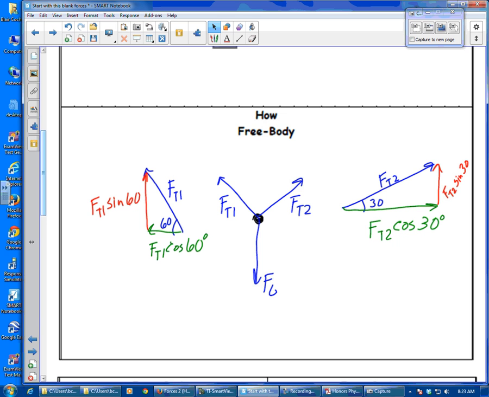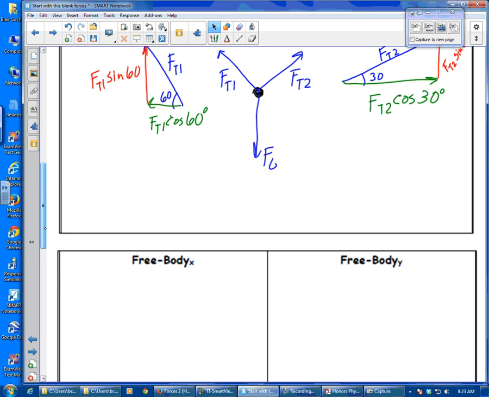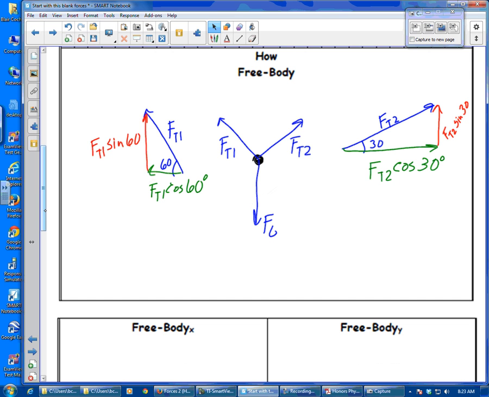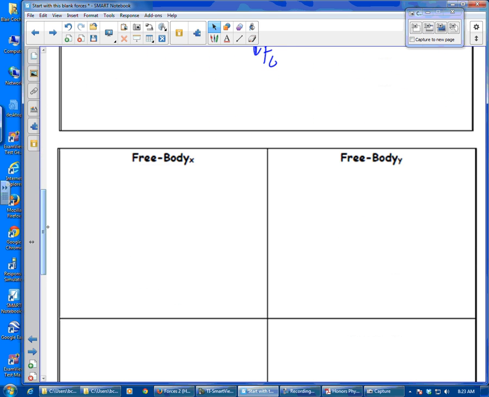All right, so now I'm going to just do my horizontal and my verticals. In my horizontals, I'm going to have 2 forces. In my verticals, I'm going to have 3, the reds and then the gravity. I'll see if I can do this from memory.